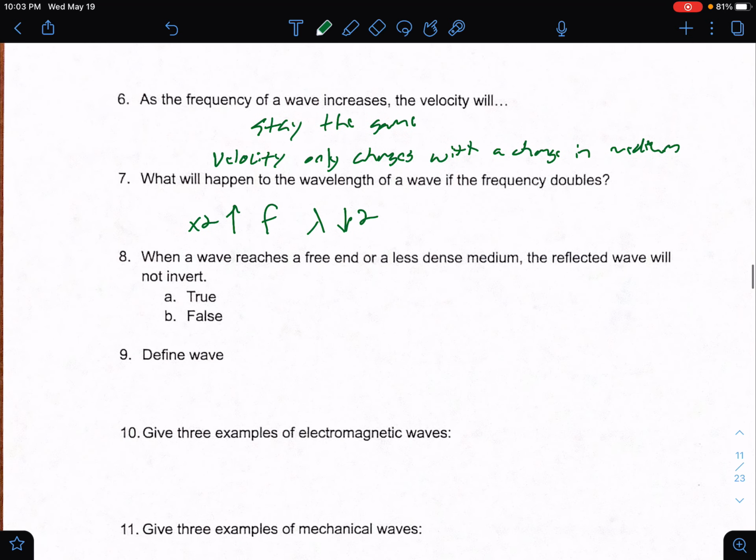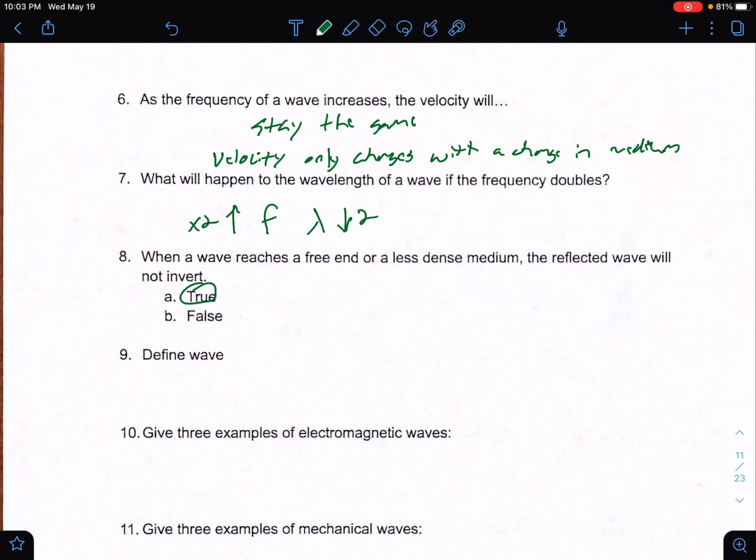Number 8, when a wave reaches a free end or a less dense medium, the reflective wave will invert. Okay, so this one is going to be false.